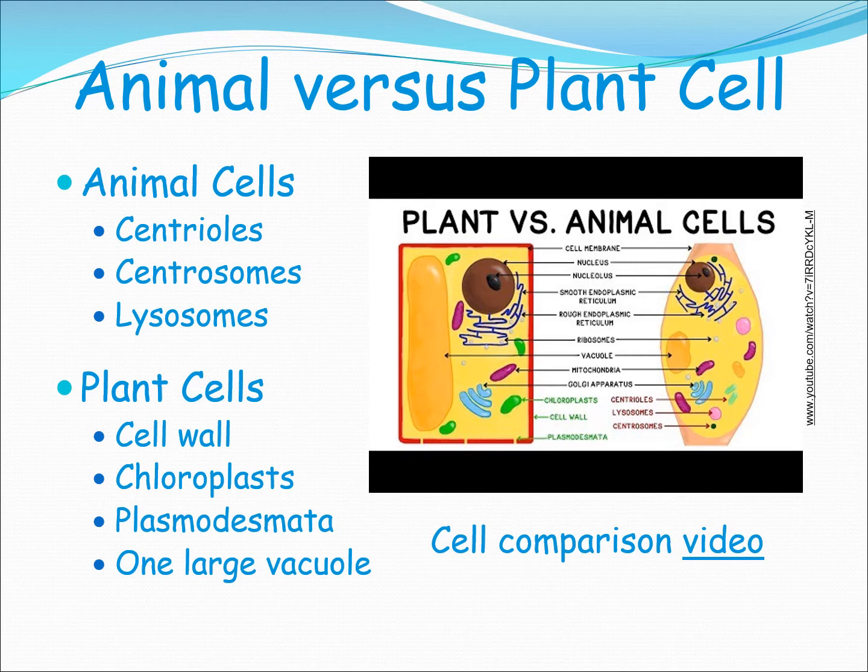Plant cells have a cell wall, chloroplasts, and plasmodesmata. They also have one large vacuole, which is different from animal cells, in that animal cells have numerous smaller vacuoles for storage. Watch the video for an animated comparison of animal cells versus plant cells.